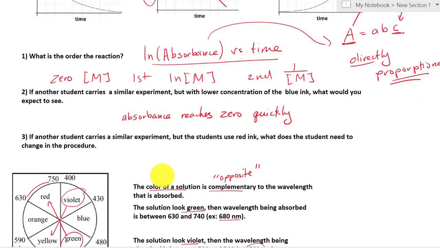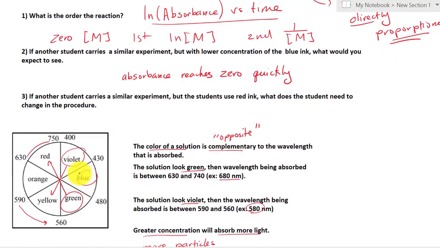Now let's continue. Another student carried out a similar experiment, but the student used red ink. What does the student need to change in the procedure? Well, when we use blue ink, right? Blue ink is right here. We would need the range of that wavelength from 590 to 630. But if we change to red, what would it be?